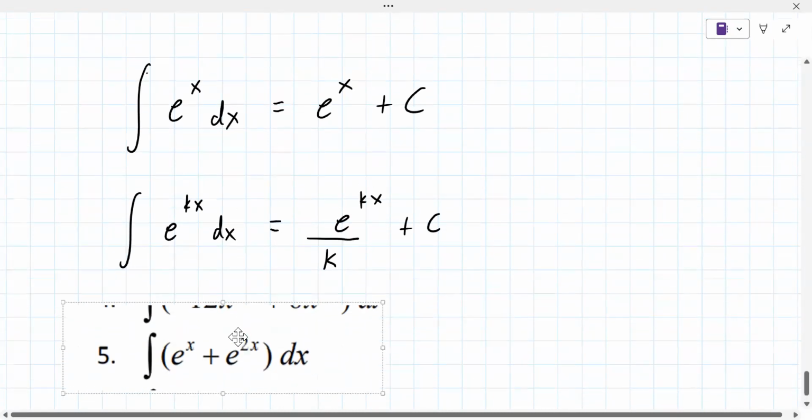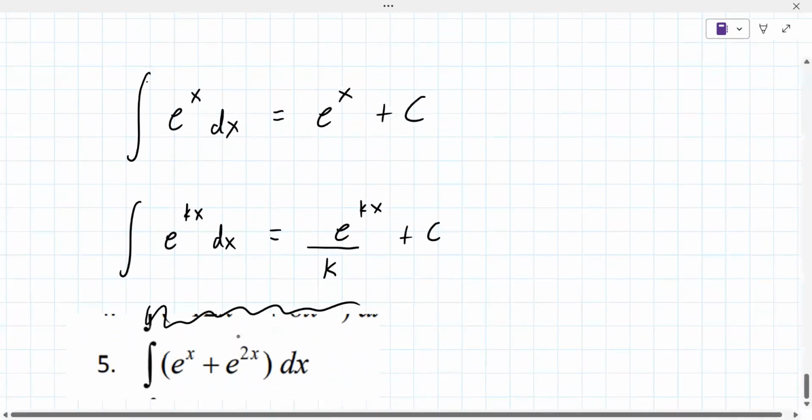Just because you've been doing such a good job, I'd like you to try doing this yourself. It's just like the two we've got here. See if you can work that out, please.